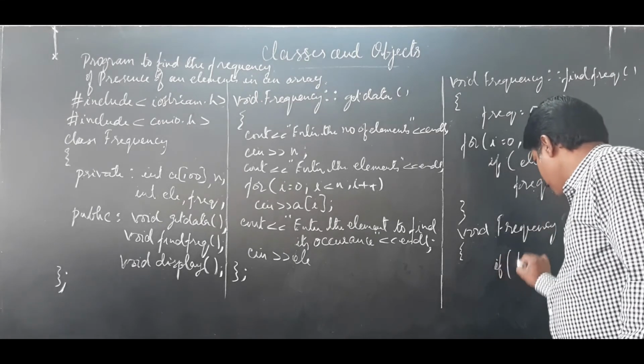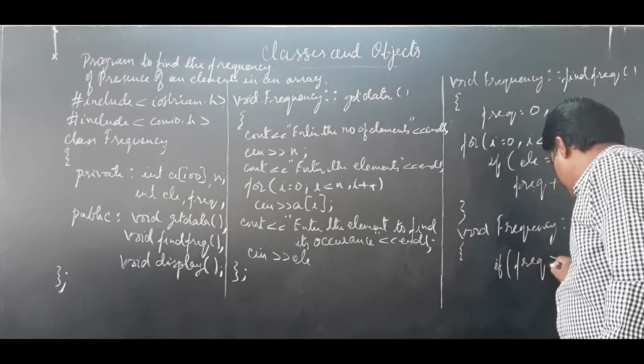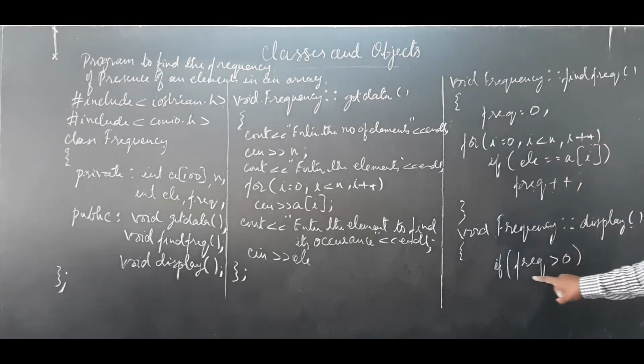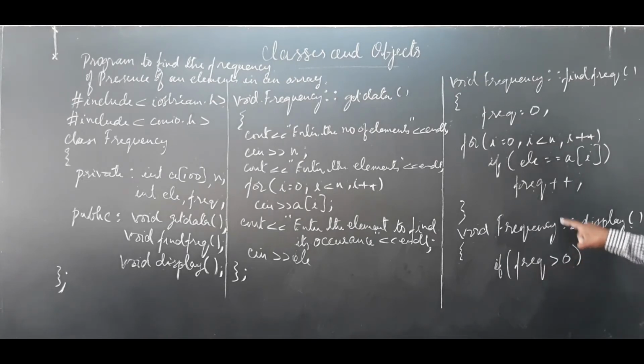If frequency is greater than 0, try understanding this. If frequency FREQ greater than 0, that means what? If the element is found, it should start incrementing from 0. If it is found once, we are going to say plus plus. That is, ELE double equals A of 0 or A of 1 or A of 2. So it is going to find the element.